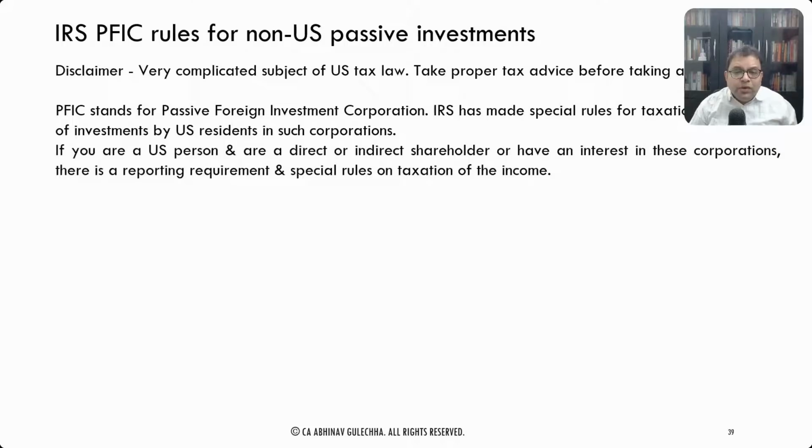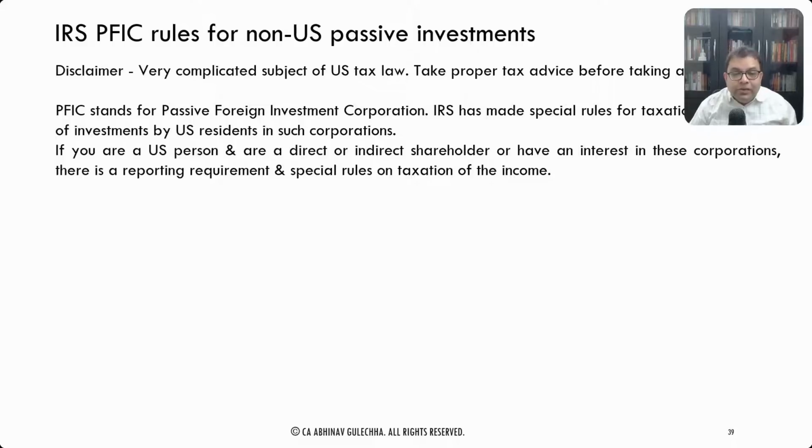So, if you are a US person, right, this requirement does not apply to non-resident aliens, right? So, if you're either a US citizen or a US resident, right? US resident means either you pass the green card test or you pass the substantial presence test, right? So, you are a US citizen, a US green card holder, or you are living in the US for a substantial period of time, then only these rules apply to you, right?